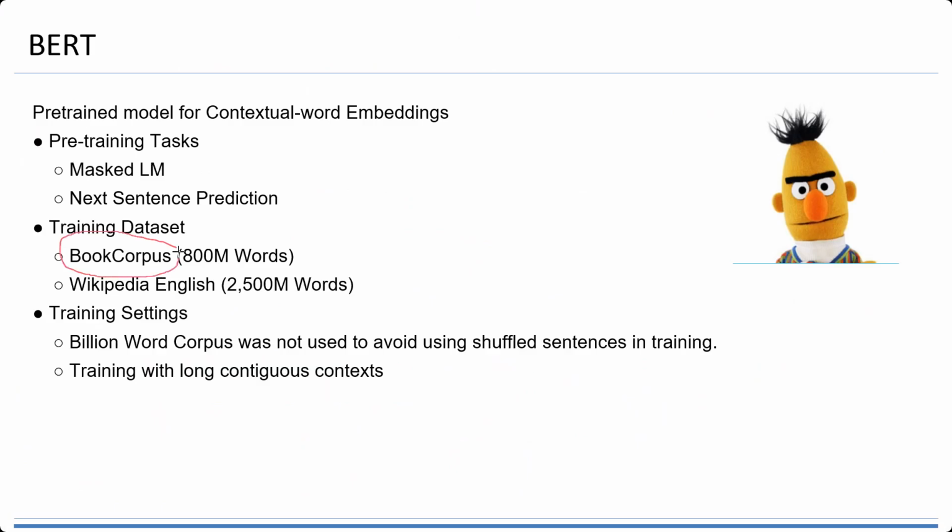In the training data set, there is data from BookCorpus, which is 800 million words, and also from Wikipedia, which is 2,500 million words. So you can see there is so much data, and BERT has been used for masked language modeling and next sentence prediction.